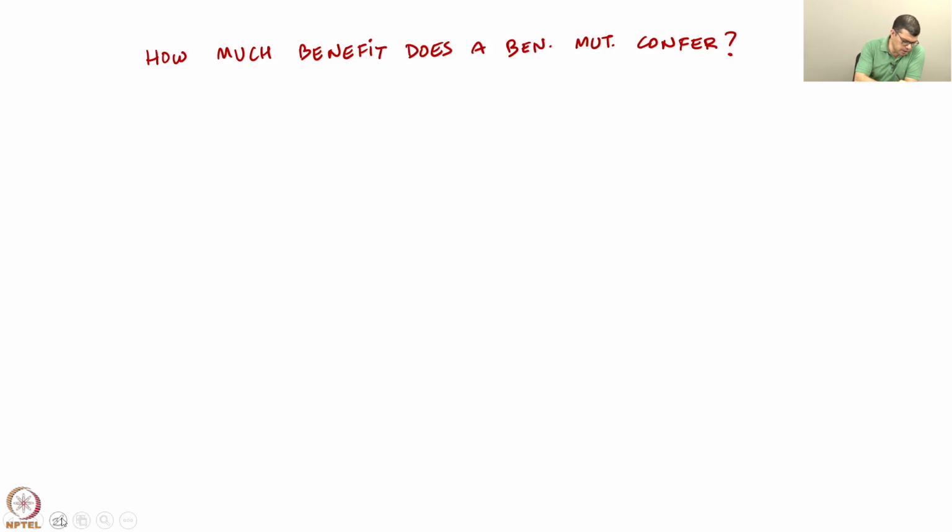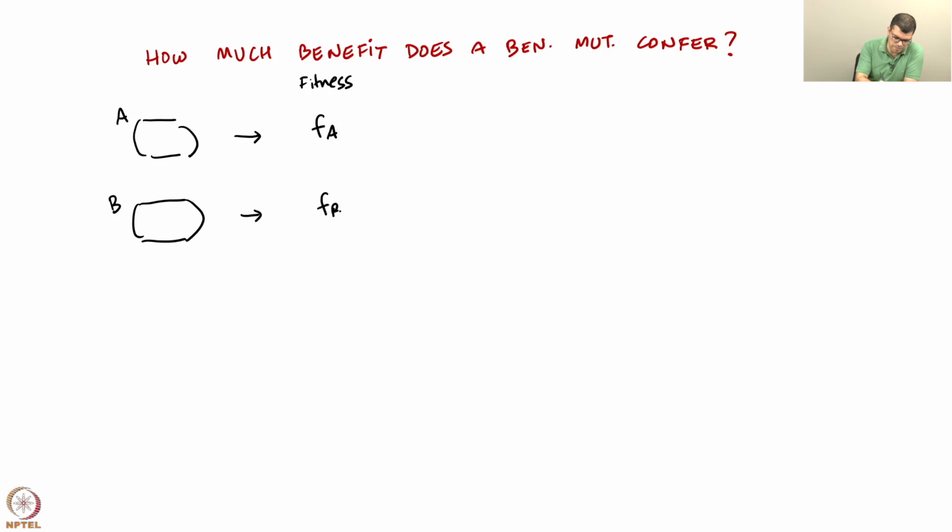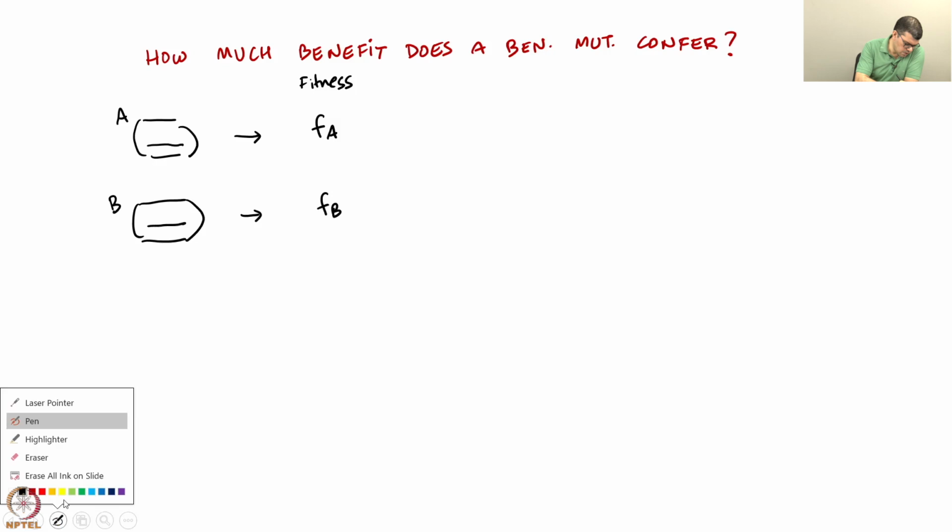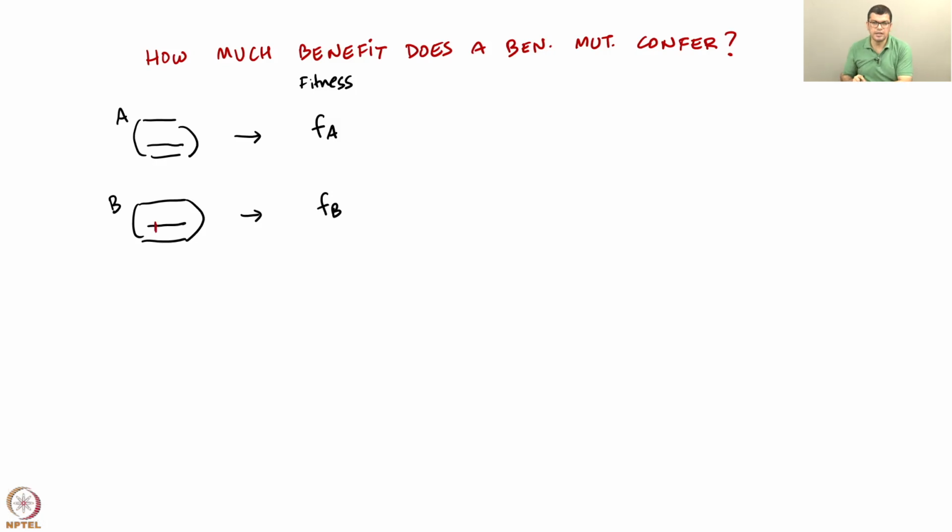Let us go back to individual A and B, this is individual A, this is individual B, and let us say that their fitness is, this individual has a fitness FA, this individual has a fitness FB, and all of this is because of this one mutation that individual B is carrying in its genome.